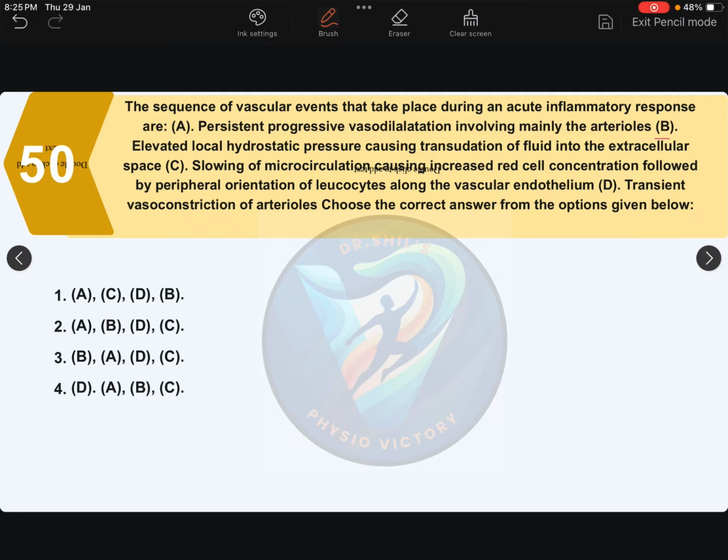B: Elevated local hydrostatic pressure causing transudation of fluid into the extracellular space.